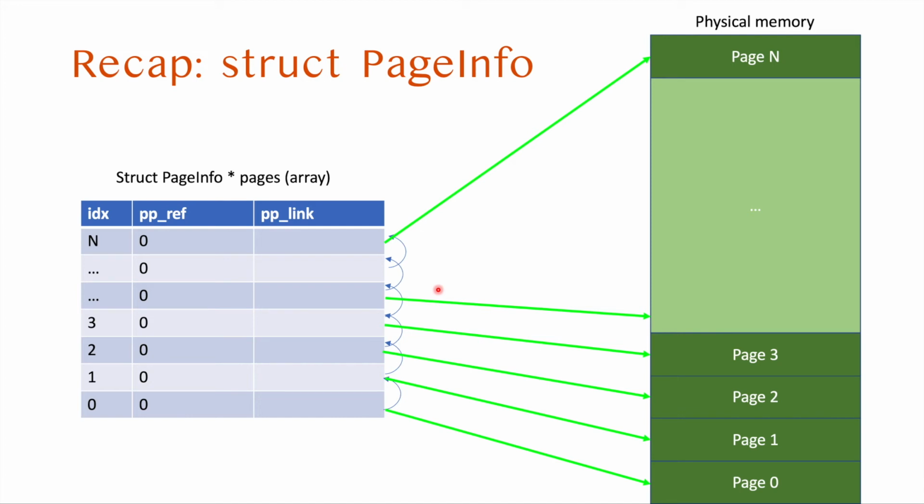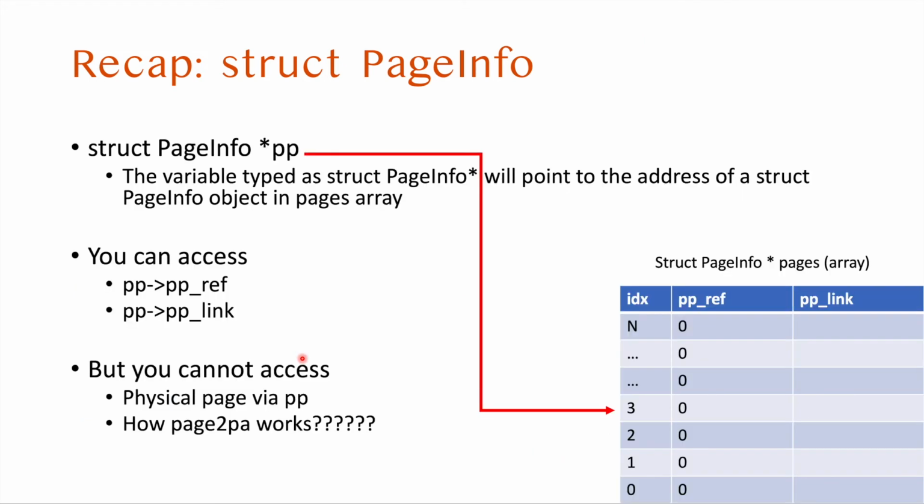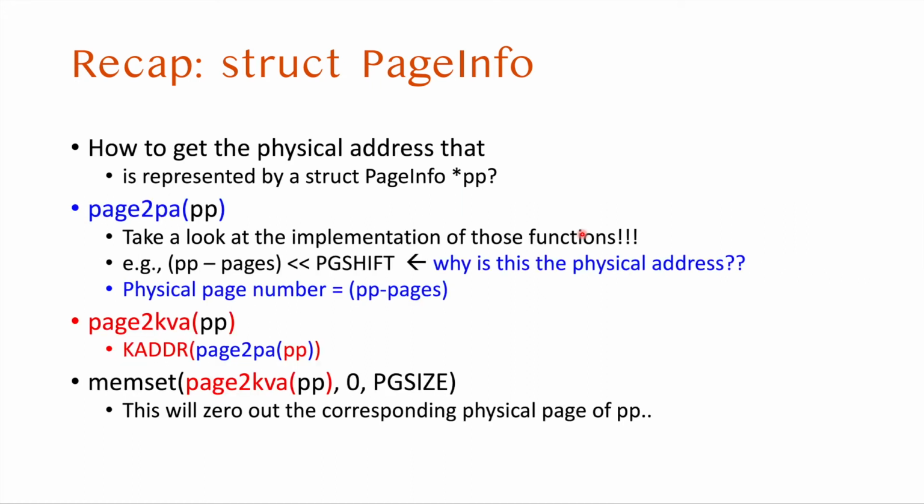Then, how can we get the physical address of PP from page to PA? This is done by pointer arithmetic, but don't worry, it's just a plus and minus on the pointer. So to get the physical address of PP, we run this page to PA.